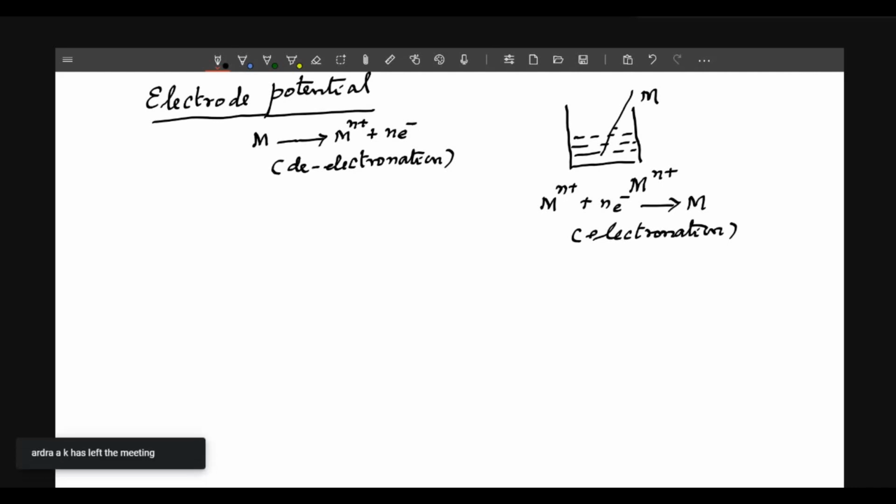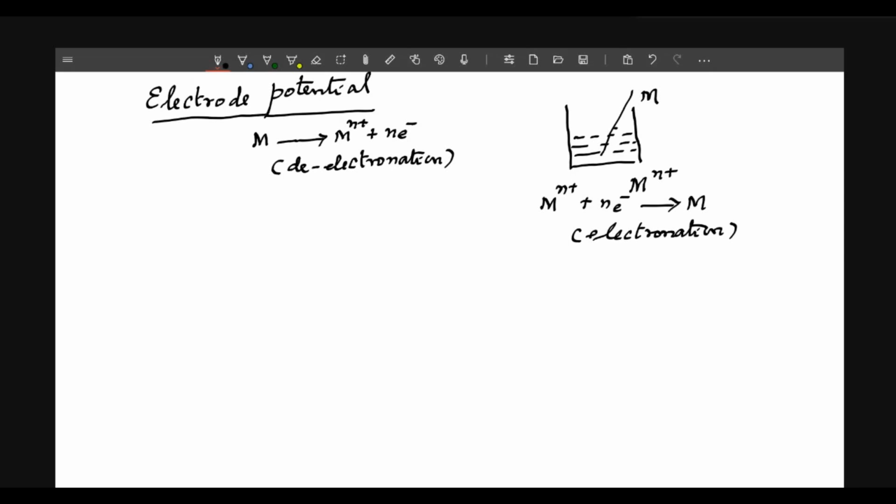Any metal, when you place it in its aqueous salt solution, either of these two would be predominant. It is not possible for both to be exactly equal. Either de-electronation or electronation would be predominant. Now we will see three cases arising. One case, de-electronation is predominant; another case, electronation is predominant.